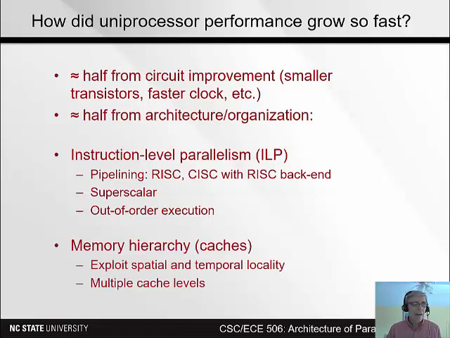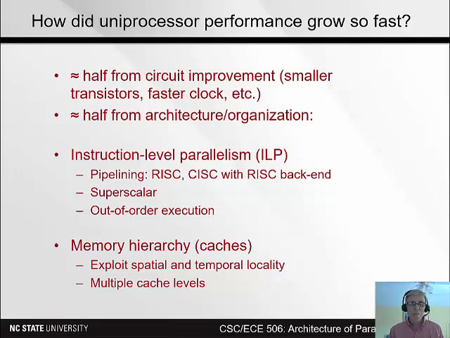Okay, and then in addition to instruction level parallelism, there's memory hierarchy, where caches were developed to exploit spatial and temporal locality. Now, if I were in a face-to-face class, I'd ask you what spatial and temporal locality were, but since we're not in a live class now, I just suggest that if you don't know, you look up reference locality in Wikipedia, and it'll tell you everything you need to know.